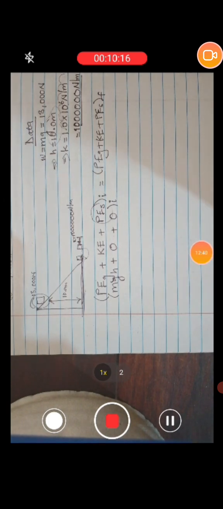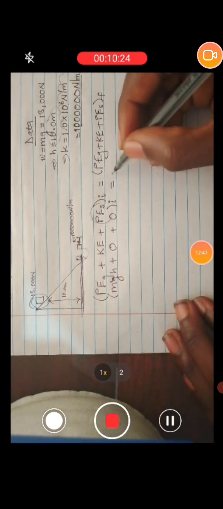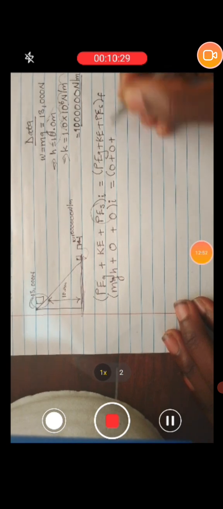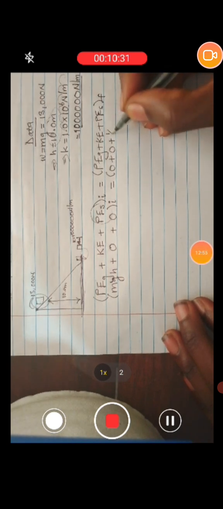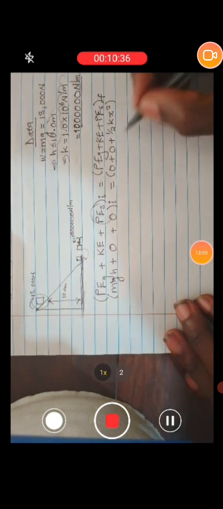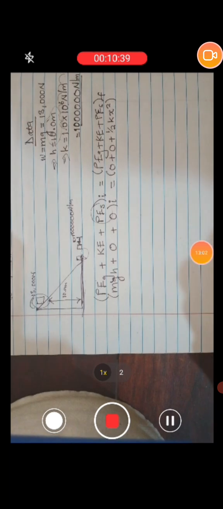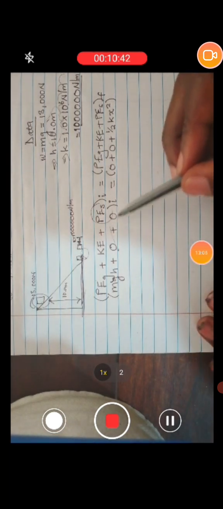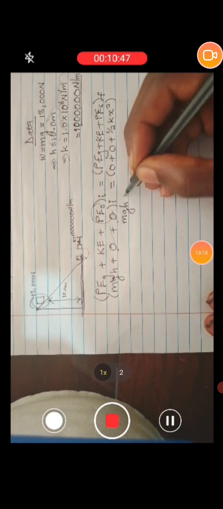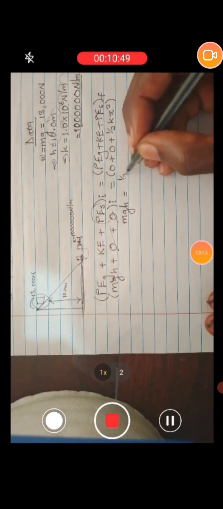So the potential energy here is the one stored in the spring. So the gravitational potential energy is 0, plus the kinetic energy which is 0, plus the potential energy which is half kx squared. This is the formula for the elastic potential energy. Now we'll eliminate these zeros, and we remain with mgh equals half kx squared.